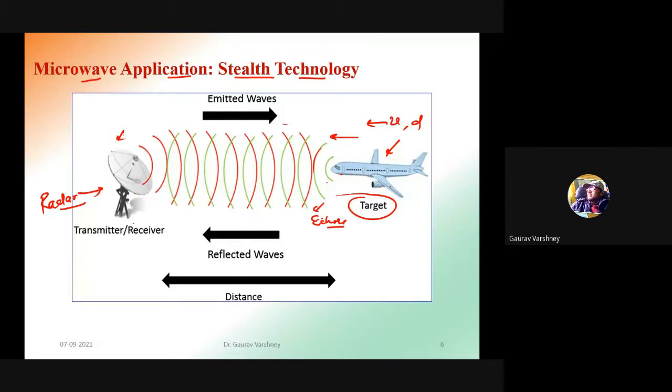In that case, we put some absorbing units on the top surface of this plane. Basically, the main echo signal which is reflected back is from the antenna section mounted on this aircraft.